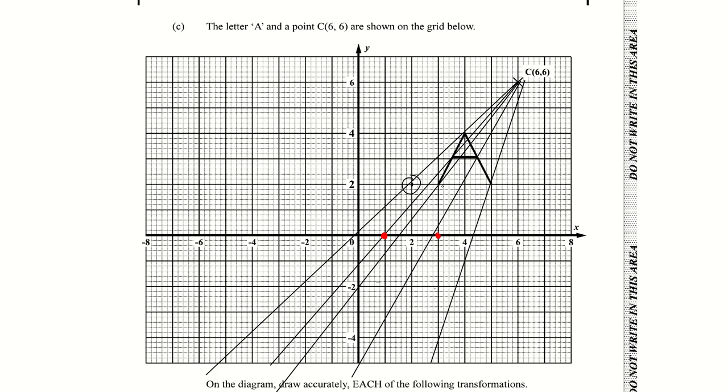And then we have this line here, which is from here to... It should be this line here.